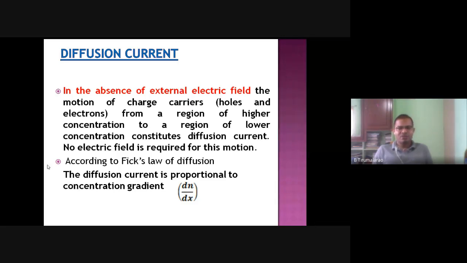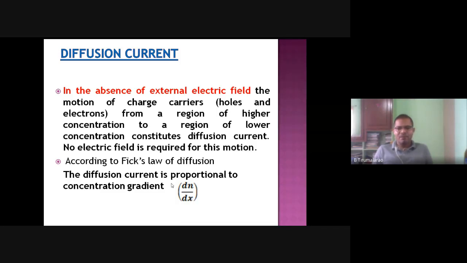So one scientist, his name is Fick. He proposed this concentration rate. What is that? The diffusion current is proportional to concentration gradient dn by dx. Here n is the number of electrons, and x is the distance moving along the x-axis.